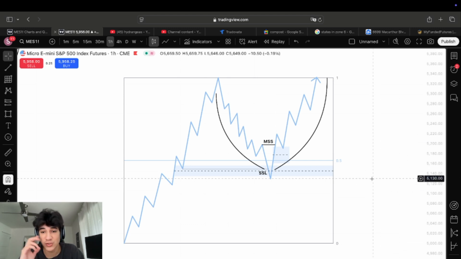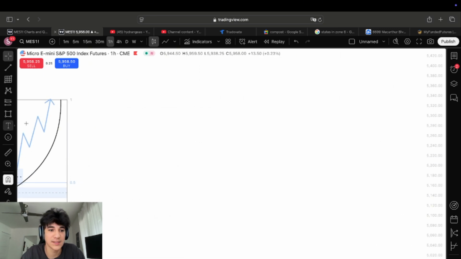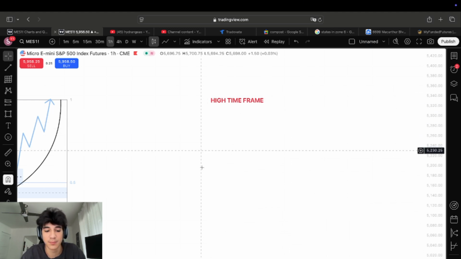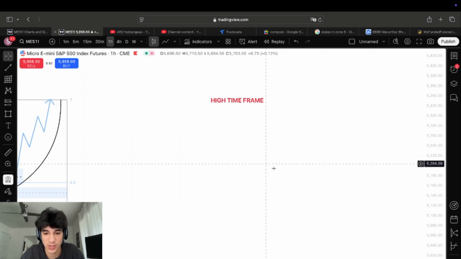So, there's two main things that play into this. The first thing is high time frame price action. That will be mainly on the 4 hour or the 1 hour, depending on what you like to trade.